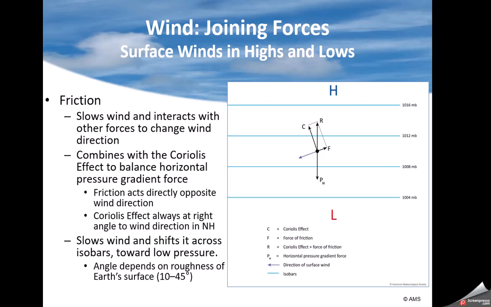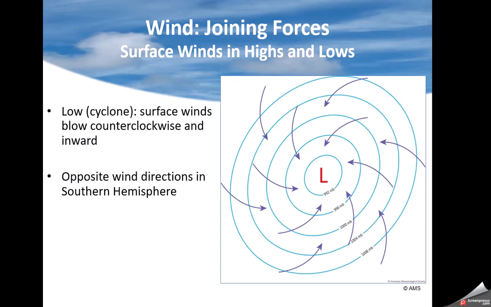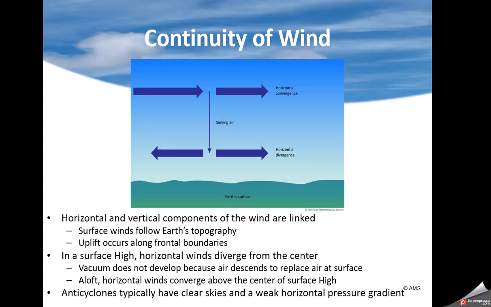We've talked about convergence and divergence, where air is flowing towards each other or away from each other. In high pressure, air is flowing apart because of friction. And here you can see an example of that. And here you can see the continuity of the wind. If you have very strong horizontal wind convergence aloft, it's going to tend to push the air down. We have the horizontal divergence at the ground, sinking air, and high pressure forms.